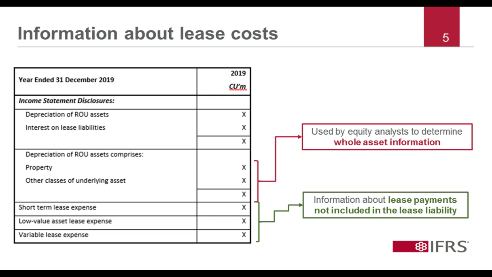Because materiality is a concept that applies across all standards, making such a statement in one place and not another would do more harm than good. So, to be clear, if the disclosures about short-term and low-value asset lease expense are immaterial, they do not need to be disclosed. And this applies to all of the disclosure requirements.